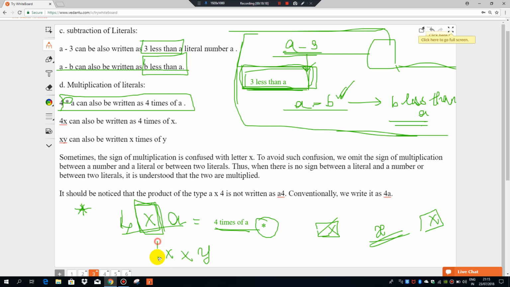So what should we do in that case? There's another way: instead of putting the symbol X, we don't put any symbol. We just write X or XY. Same here, for 4 into A, we write 4A.